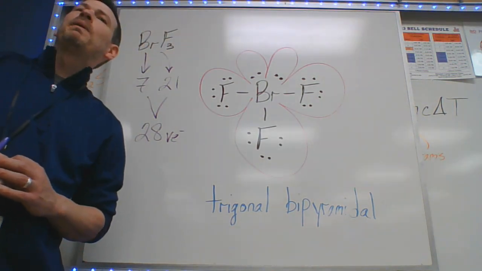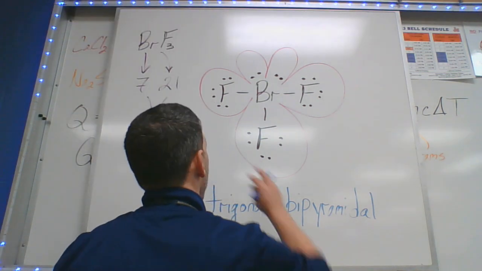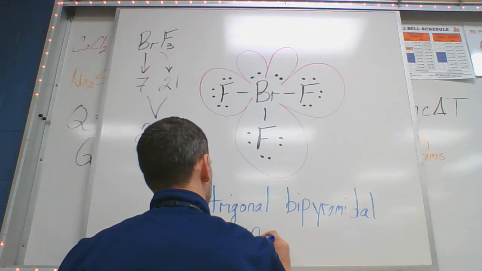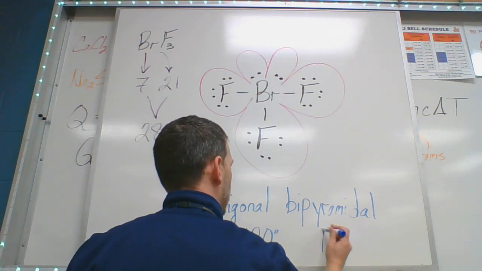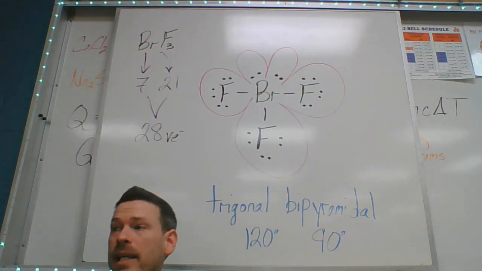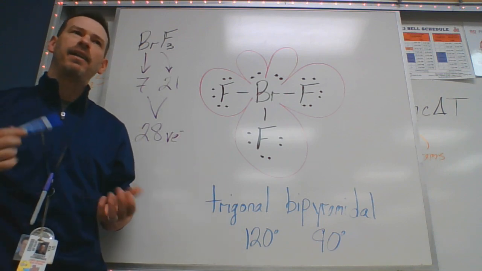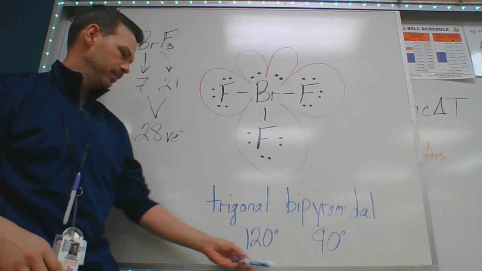Trigonal bipyramidal possesses multiple bond angles, and if you look, you'll see that the bond angles within that are both 120 degrees and 90 degrees, which I would say you better know, except all of my assessments over this are open notes, so just know how to find it.